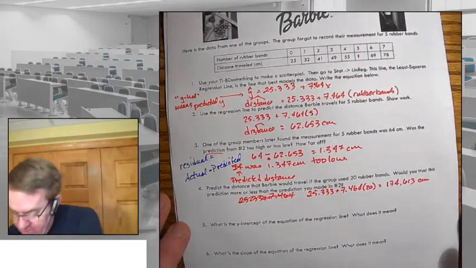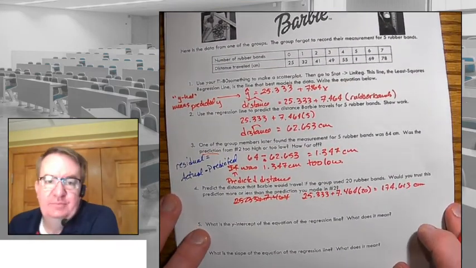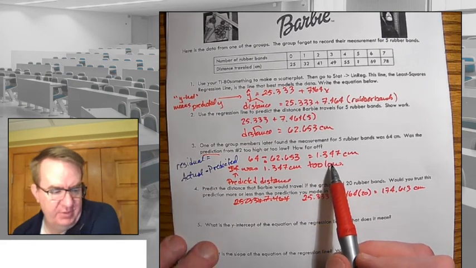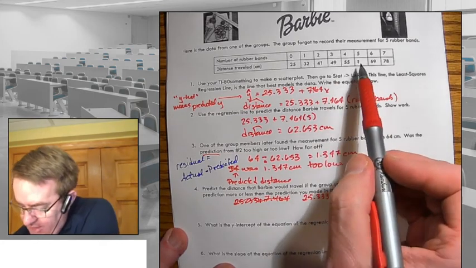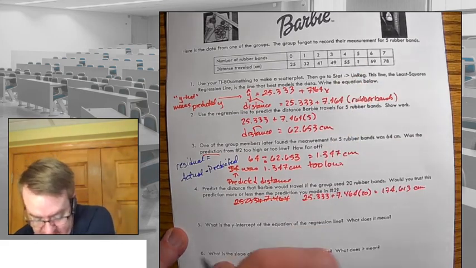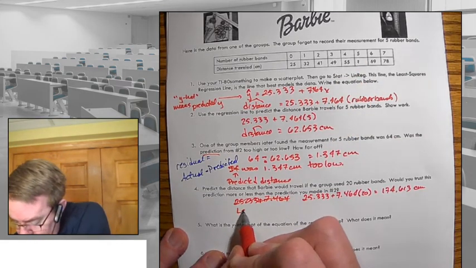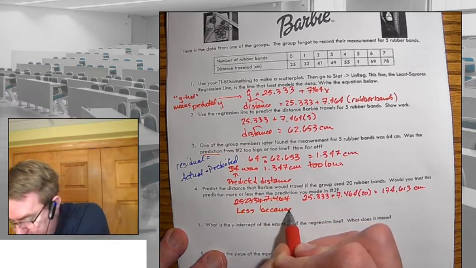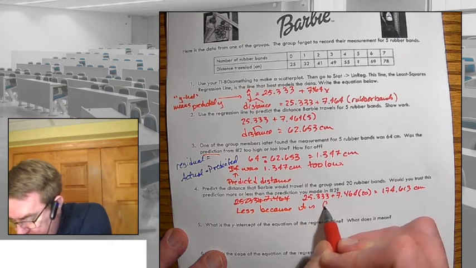So the question is, do you trust this more or less? Now think about it. We were this far off when we were within data here. Now we're going further out. And so it turns out that we're going to trust this less because it is further away from the x-axis.